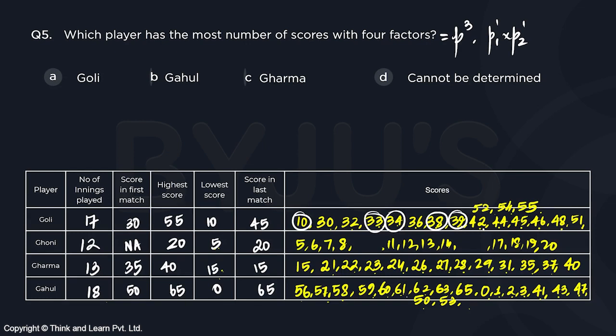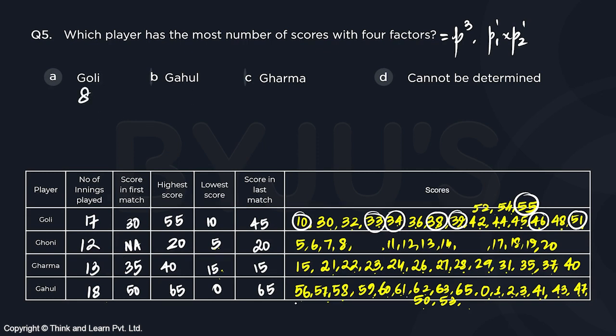Then we have 42 is 2, 3, 7. 44 is 2, 2, 11. 45 is 3, 3, 5. 46 is 2 into 23. 48 is 16 into 3, no. 51 is 3 into 17, product of 2 prime numbers. 52, no. 54 is 2 into 27. 55 is 5 into 11. So we can see that this is a total of 8. So in the case of Goli, we have 8.